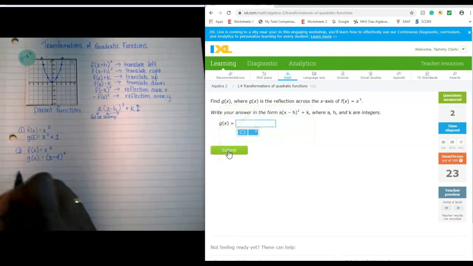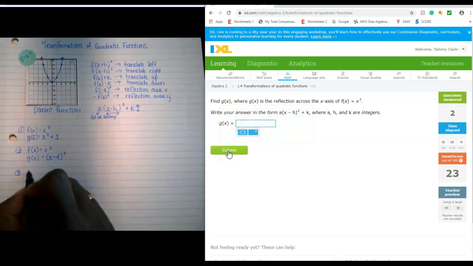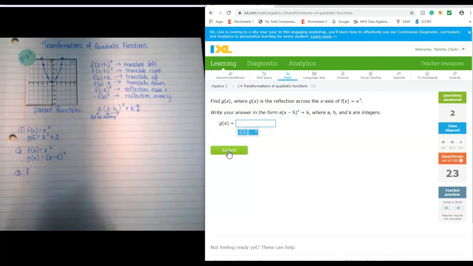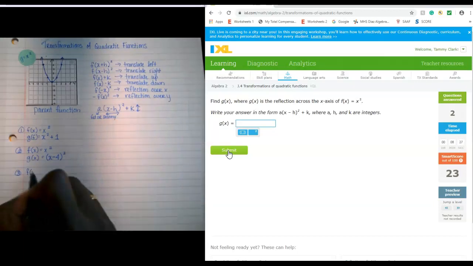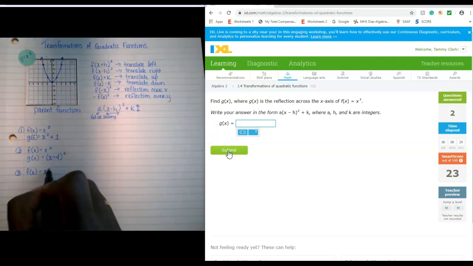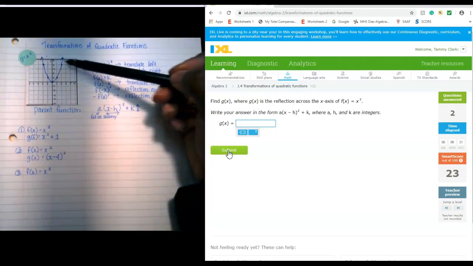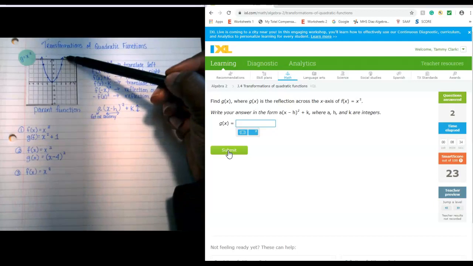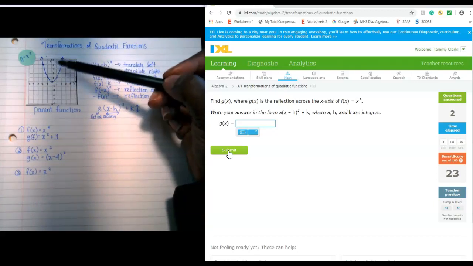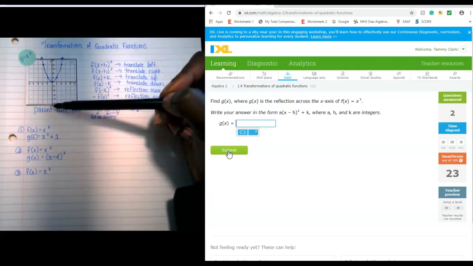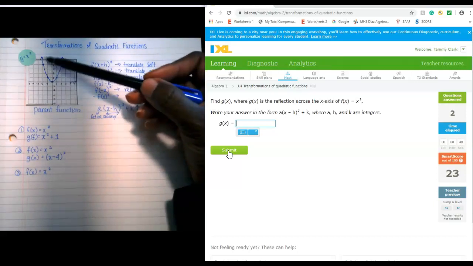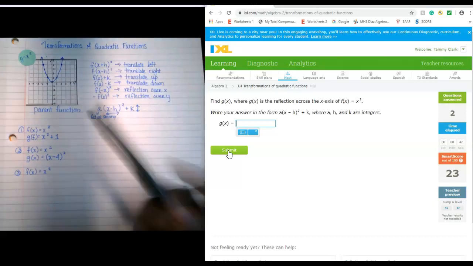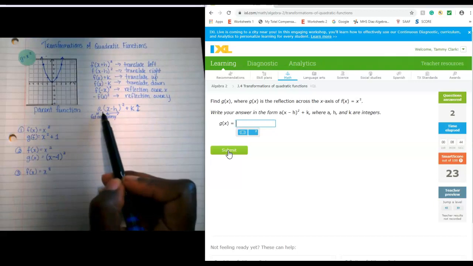Number 3, it says find g of x, where g of x is a reflection across the x-axis of f of x equals x squared. So here, if I were to take my parent function, which is x squared, and fold it down, if you'll remember, when a quadratic faces up, then my a is positive.